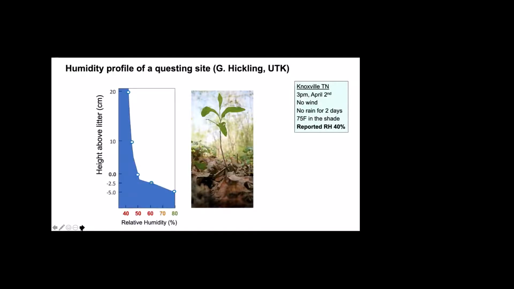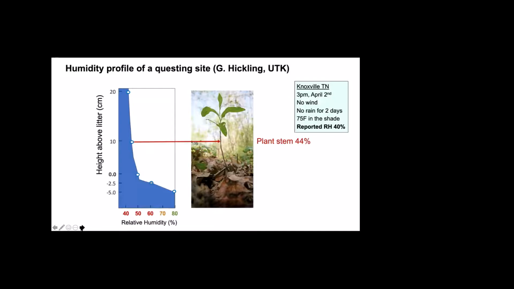What you can see here, to the left of that plant, on the x-axis, is humidity going from lower to higher. On the y-axis is the height above the leaf litter, to correspond with this picture of the plant. For instance, at 10 centimeters above the leaf litter you have relative humidity at 44%.